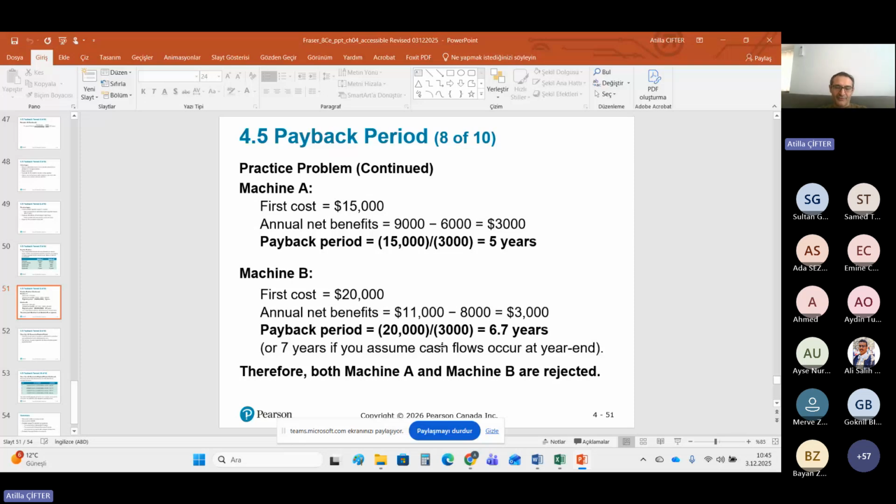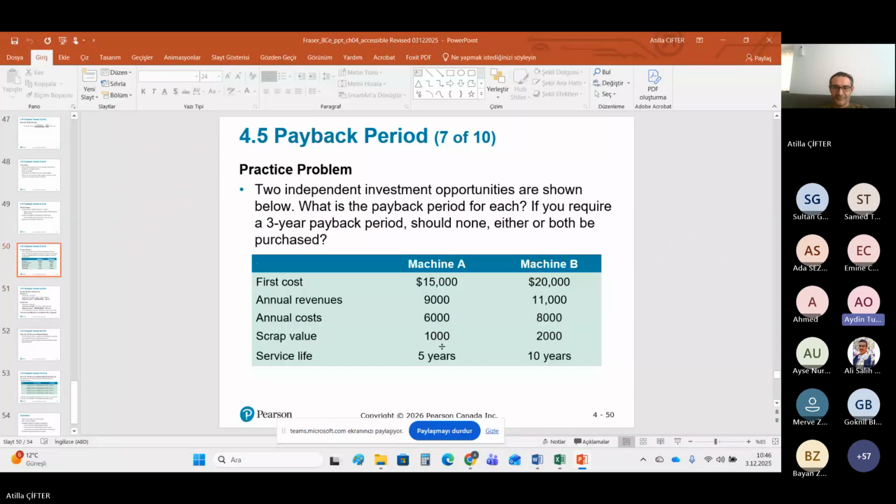We should have a very short period, but still we don't, let's say, discount, which means we don't solve the problem of time value of money, because each amount of money has a different time value. Is it clear why we do not consider it? Will we always ignore the scrap value? Exactly.